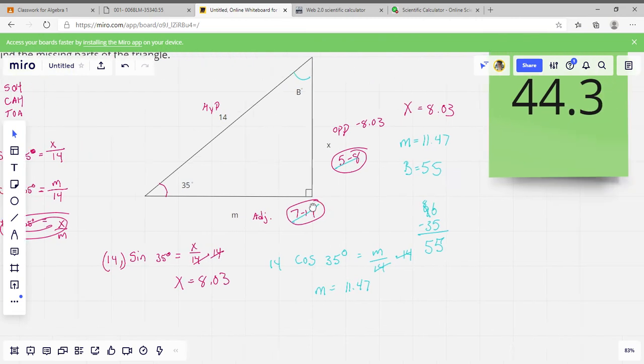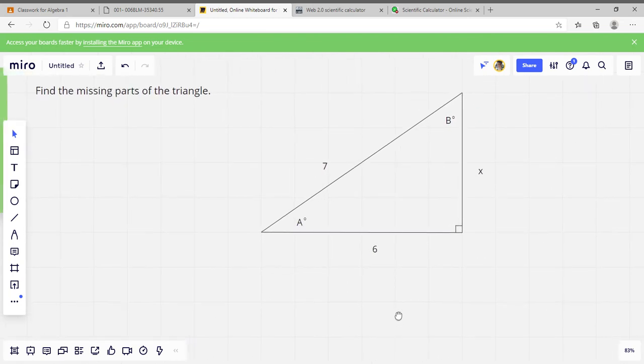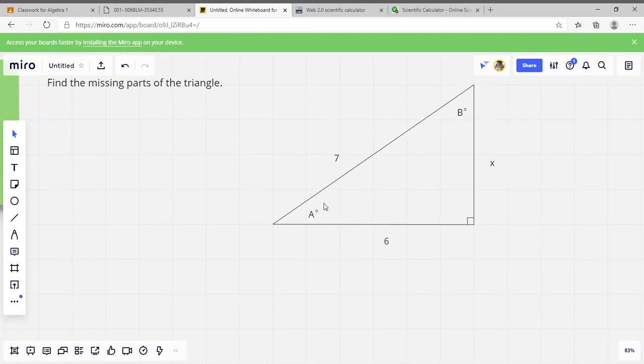All right, and then we're going to try another one. Find the missing parts of this triangle. All right, this one's a little more difficult because it doesn't give us either of these angles. We only know this 90-degree angle. So we have to try to figure out the angle. Now, we know that we can use Pythagorean theorem to find x. So we can say a squared plus b squared equals c squared.